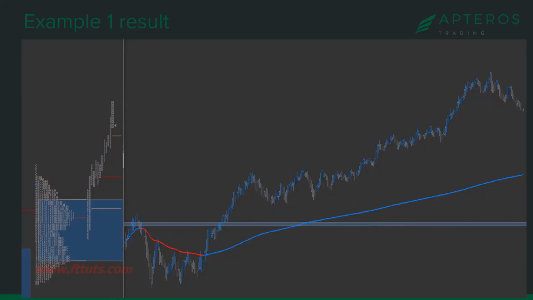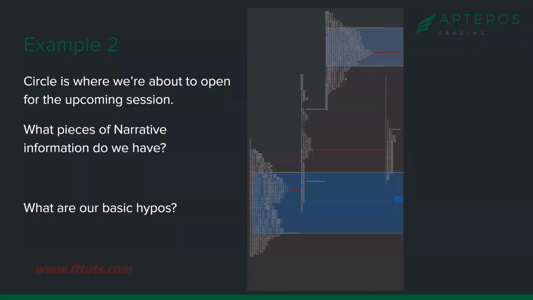Okay, one real example. Example 2, I'm going to ask for hypos. Well, first I'm going to ask a question, so not hypos yet. Hang with me. The circle is where we're about to open. What pieces of narrative information do we have? What's the story unfolding?